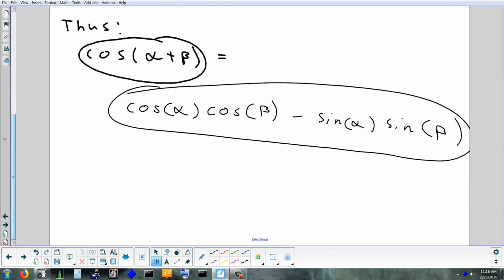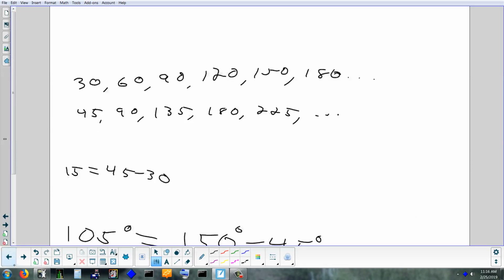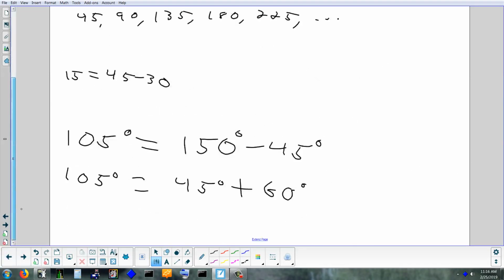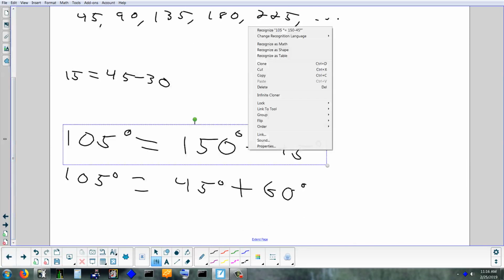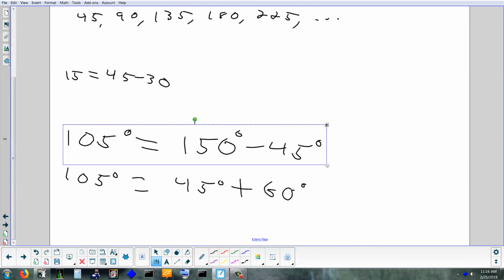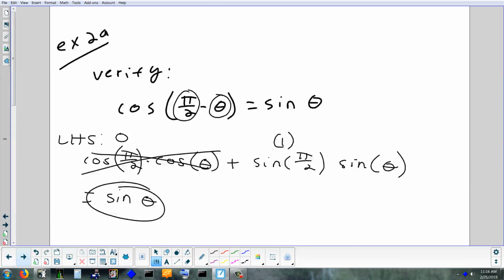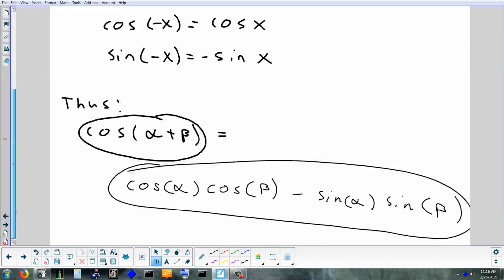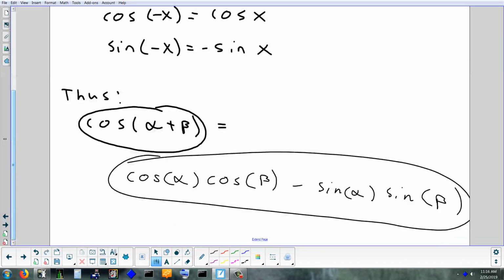And now, technically, if you forgot this formula, you'd be okay, because anything that you can do as a sum, you can do the same problem as a difference somehow. So this formula kind of just gives you two ways to do the same thing. Okay, does everyone have the cosine sum formula?